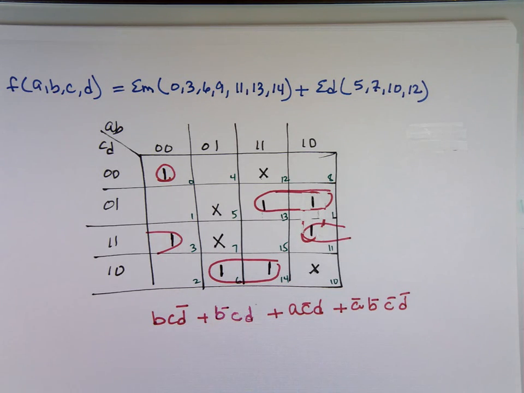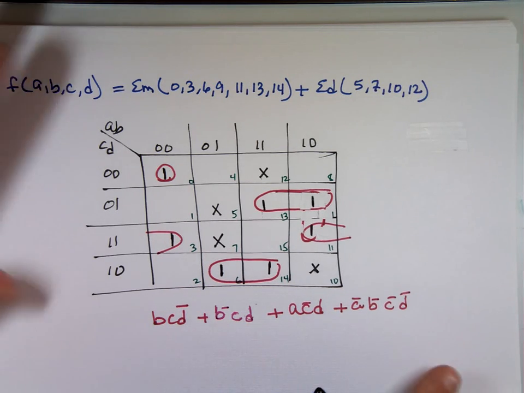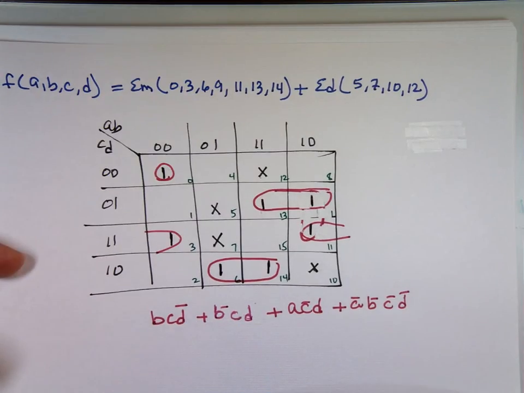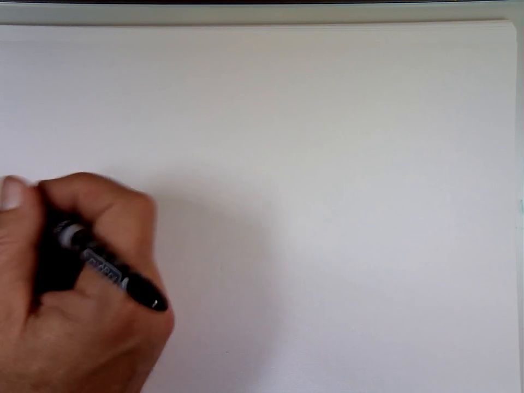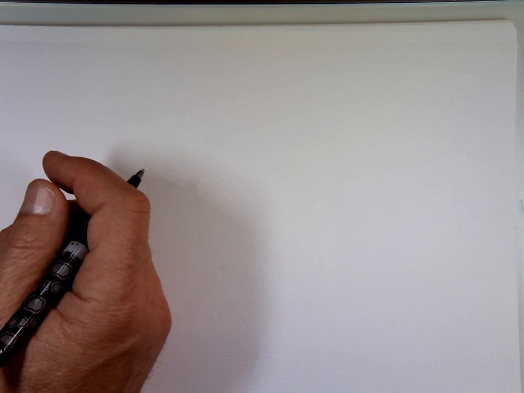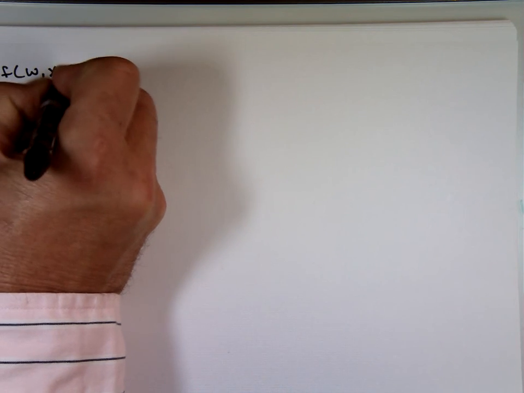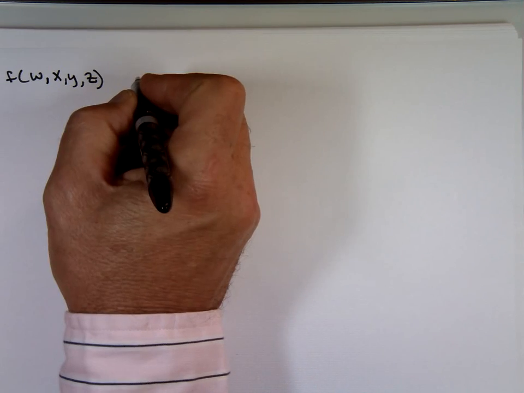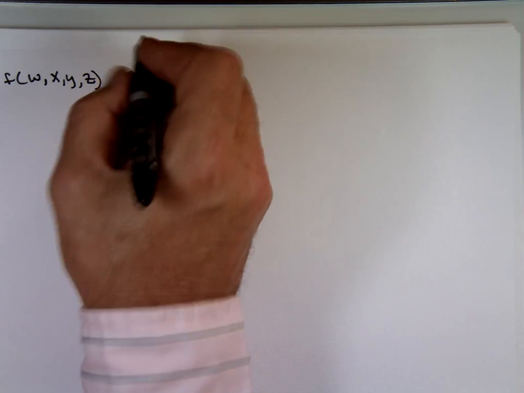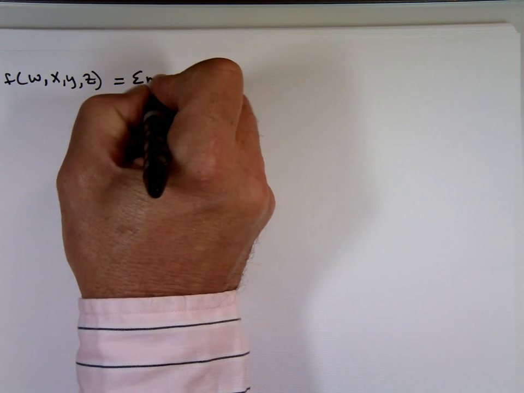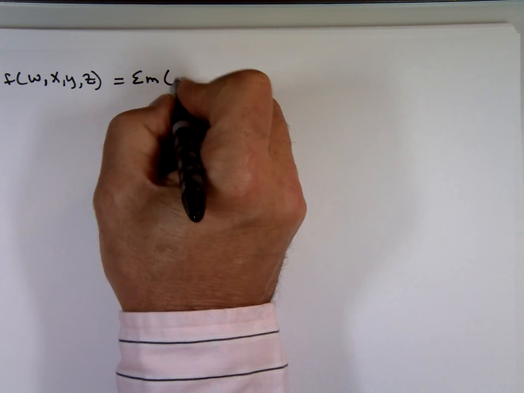Let me try another one. F of W, X, Y, and Z is the summation of 5, 7, 9, 11.